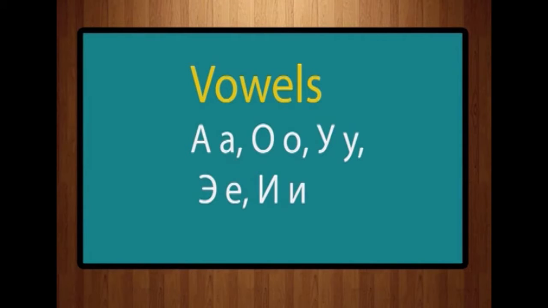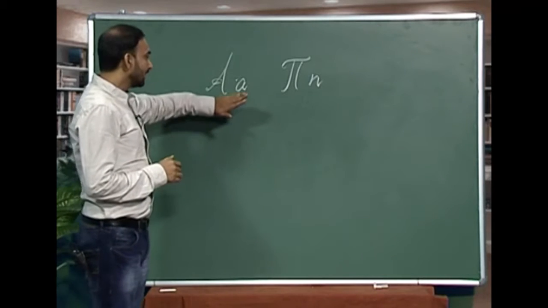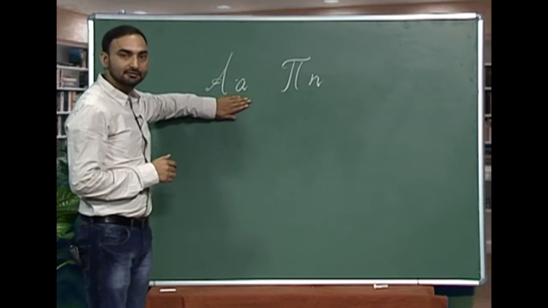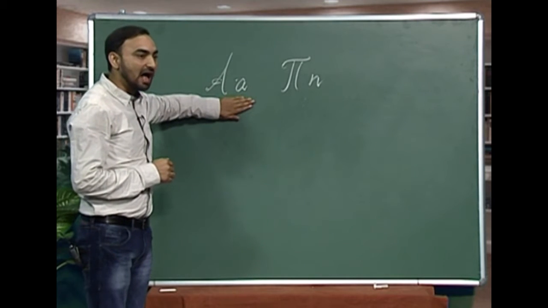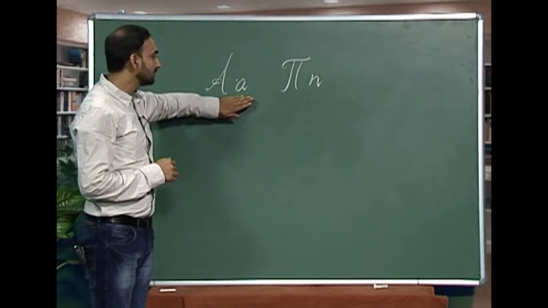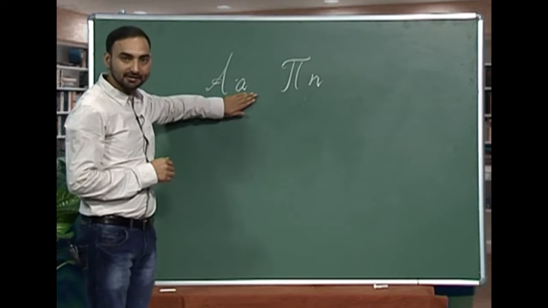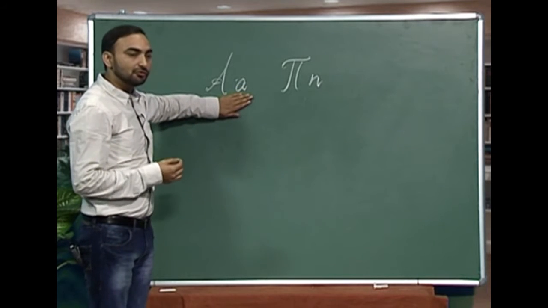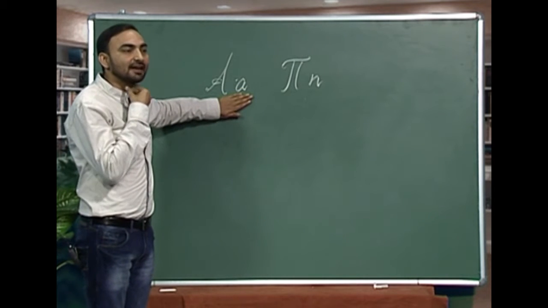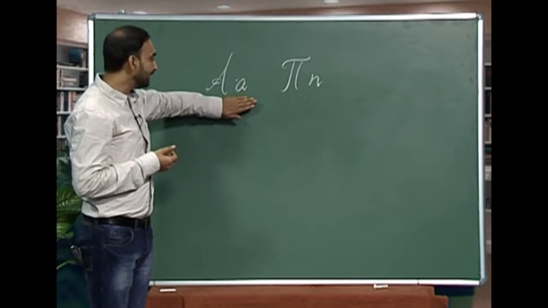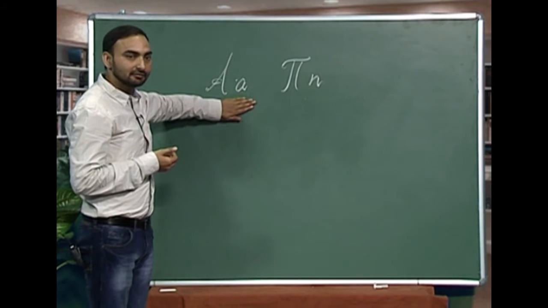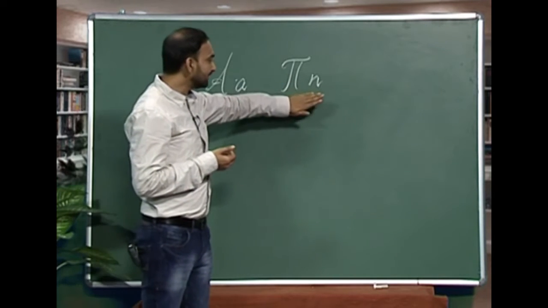Let me demonstrate how a vowel differs from a consonant. Let us pronounce this letter. This is A. While pronouncing this letter, we do not feel any obstruction inside the oral cavity. That means it is a vowel. Now, come to this letter.